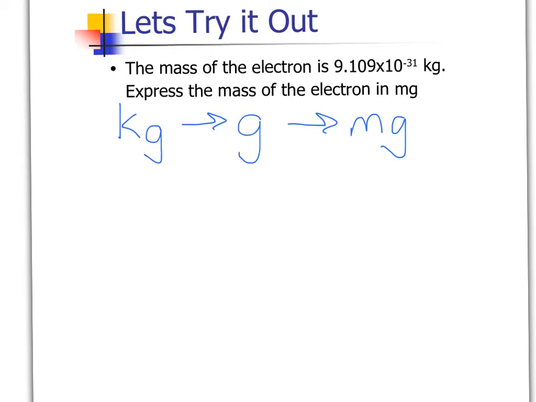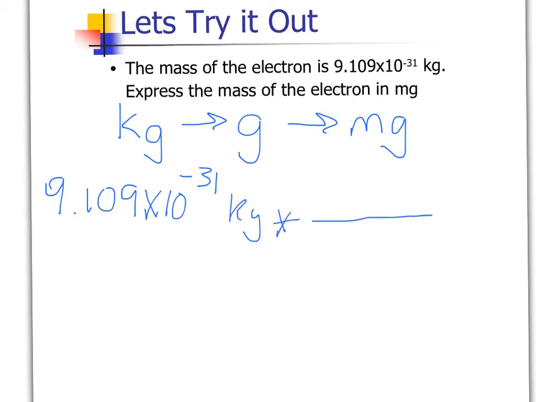So we write what we start with or what we're given, 9.109 times 10 to the negative 31st. So my kilograms, my desired label is grams for the first one. I want to get rid of, or what I'm given, is kilograms.